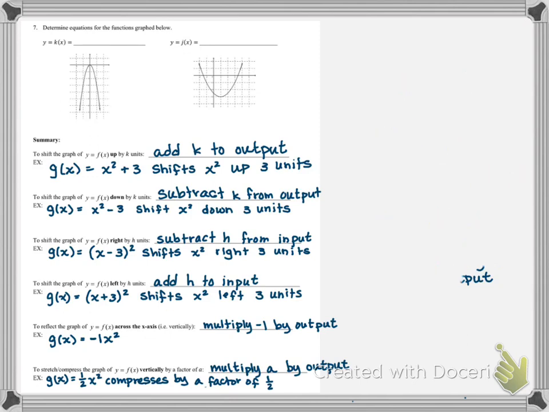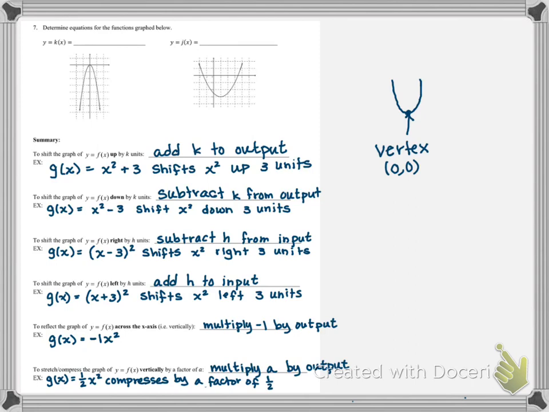So in general, if we take our x squared graph, this point right here is called the vertex. And on the x squared graph, it's 0, 0. And notice the vertex isn't affected at all by stretches, because multiplying by 0 still gives you 0.